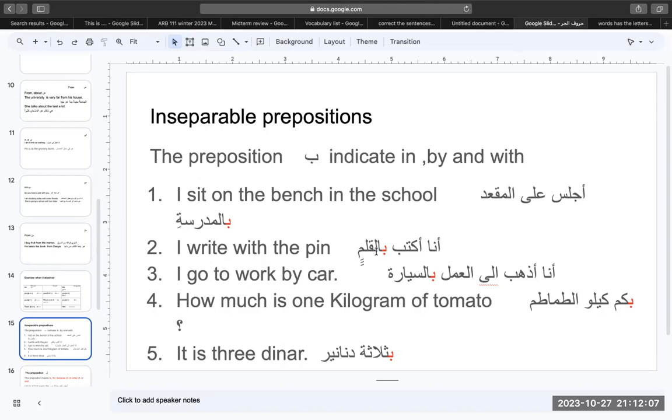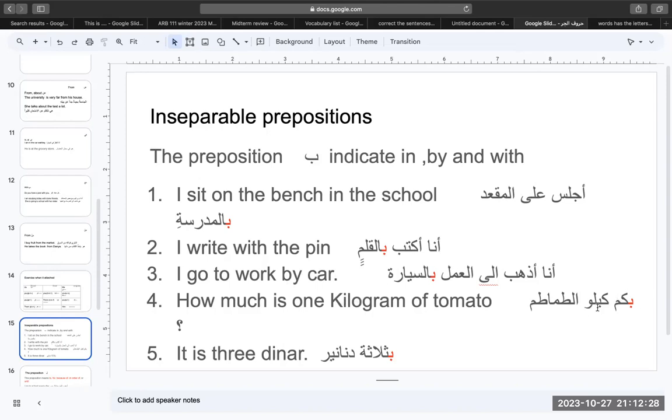So the ba must be attached. Here, أنا أذهب إلى العمل بالسيارة. I go to work by car. بالسيارة. So you have two prepositions here, and here two prepositions too.